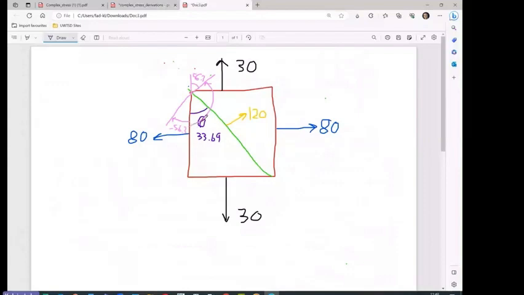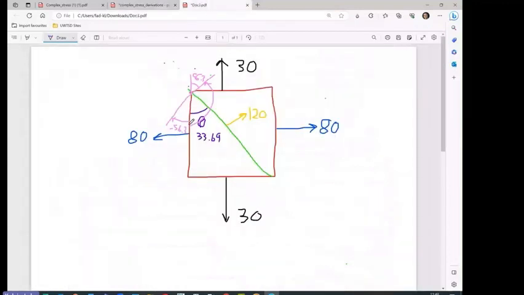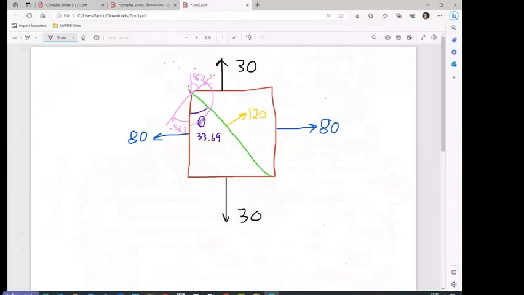So a positive angle would be 180 minus 56.3, which is 123.7, and that's where that comes from. So 56.3 degrees is when we're measuring clockwise from the vertical plane, and 123.7 is when we're measuring anti-clockwise from the vertical plane to get to the same location.